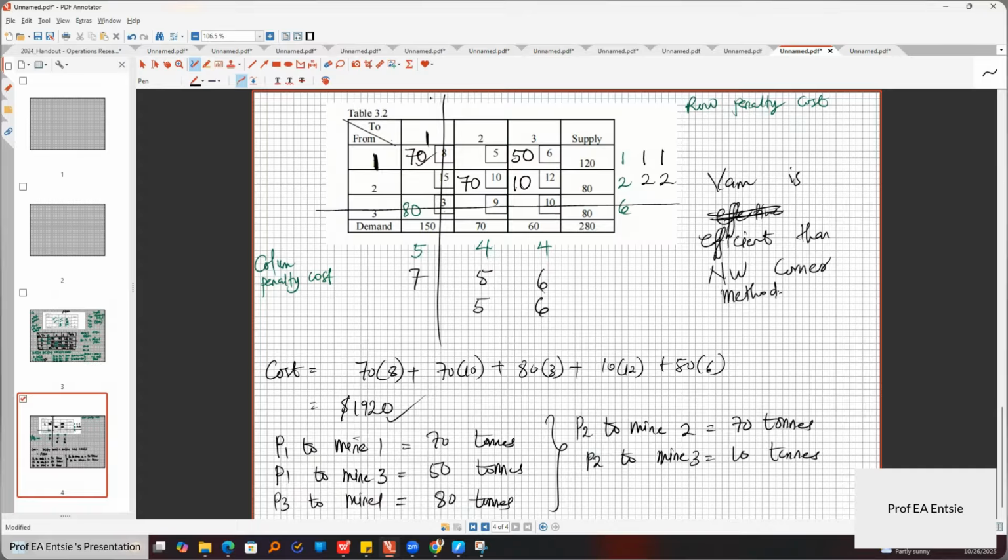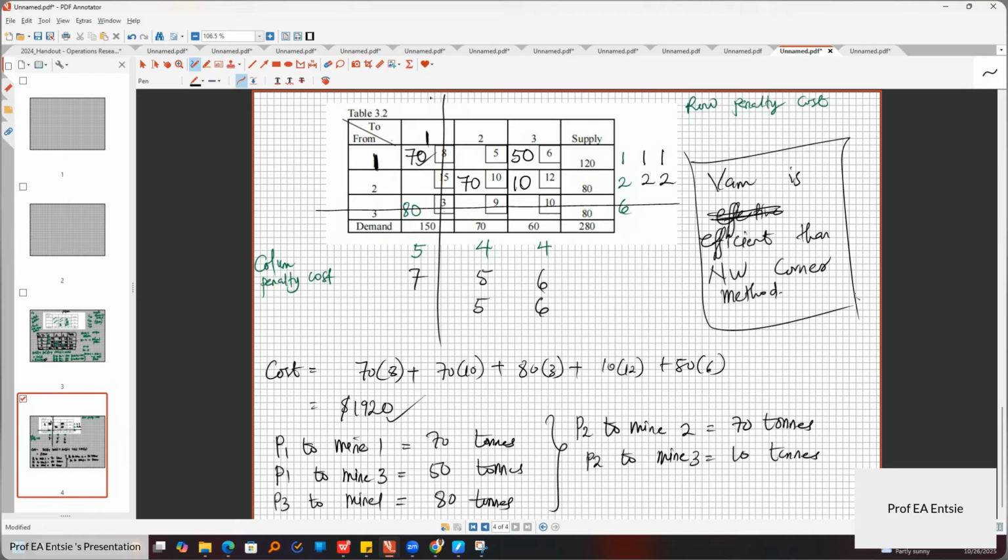So normally this is the deduction. For the initial solution, VAM is the best, but nevertheless, whatever approach you use, we will mark it for you. So if we tell you to use VAM, you use VAM. If we tell you to use northwest, you use northwest. If we don't tell you, you use anyone that you want to use, and you are good to go.